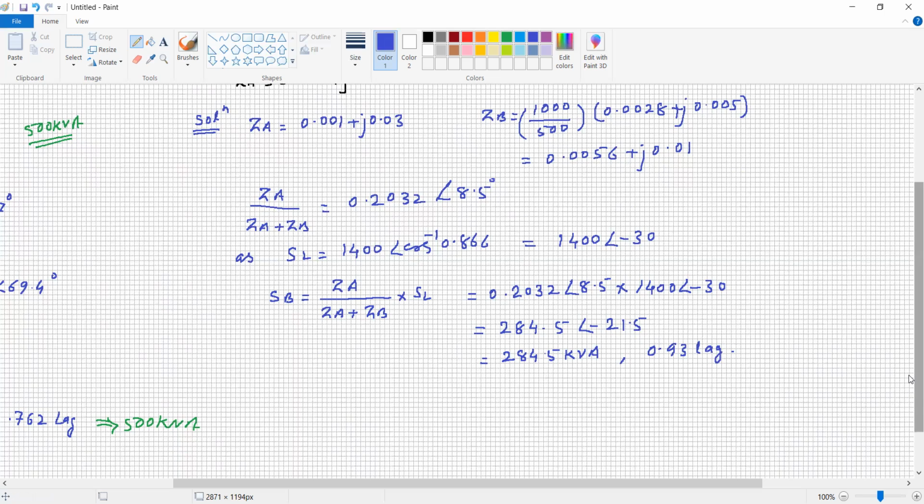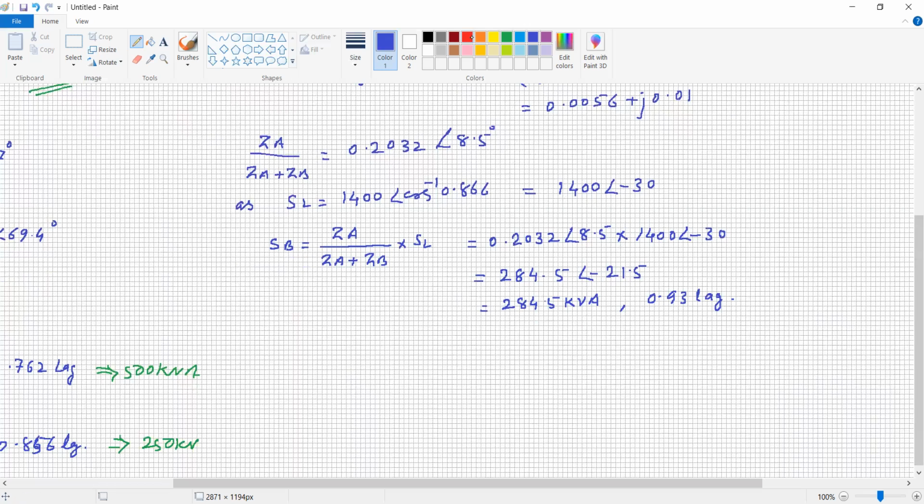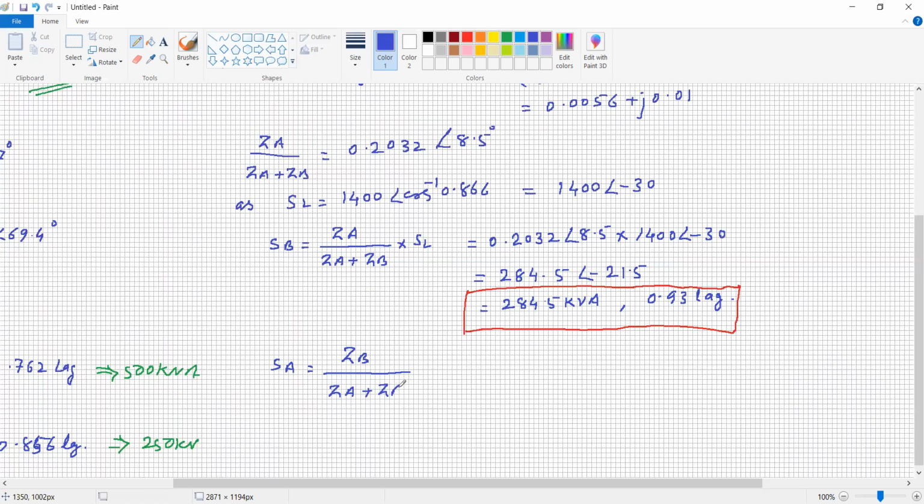Okay. Now for transformer A. SA is equal to ZB upon ZA plus ZB into SL, which by all this calculation comes to 1145 at an angle of -32.2 degrees.